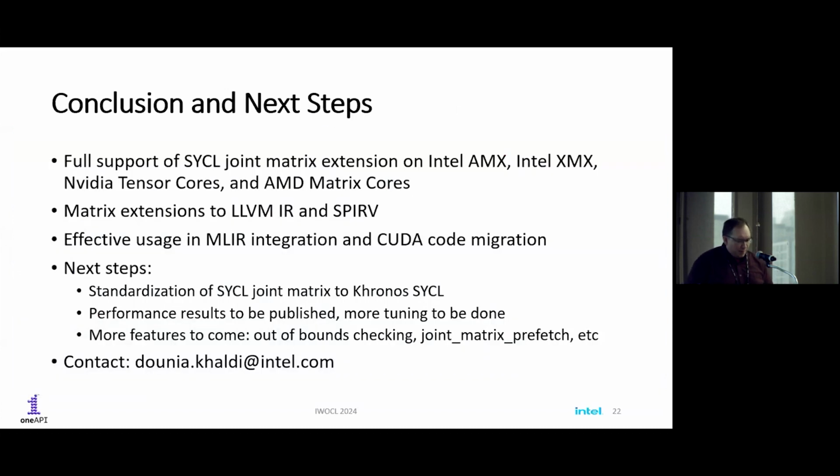So we'll wrap up now and just summarize that the joint matrix extension is here, and we have preliminary implementations on multiple hardware types. I think support for AMD is improving as well. But this is really part of a larger ecosystem.